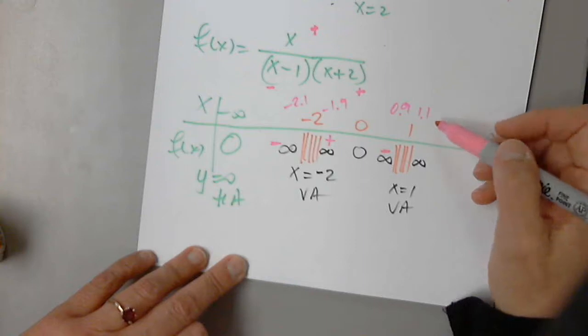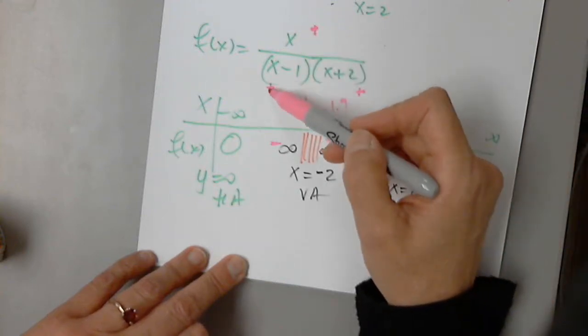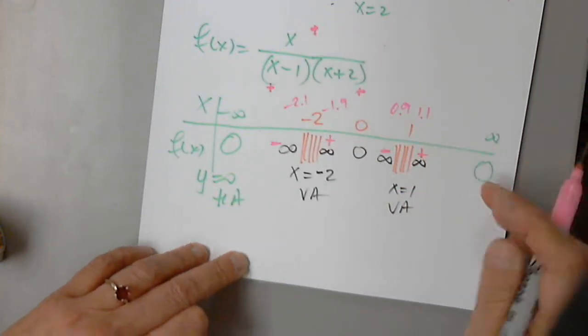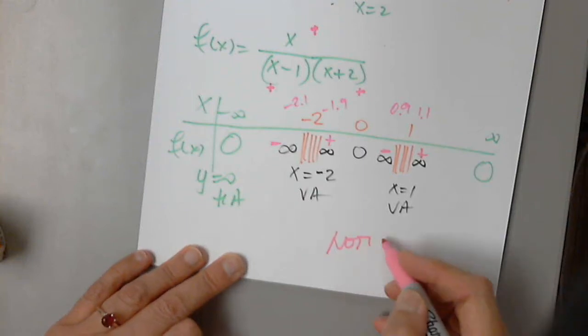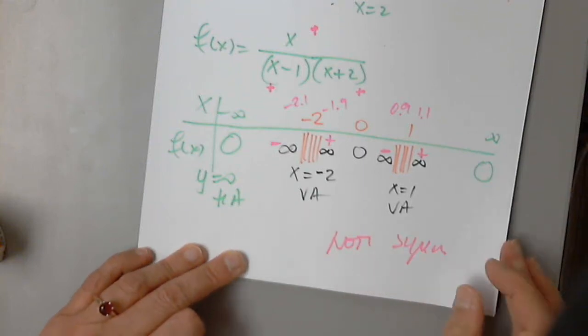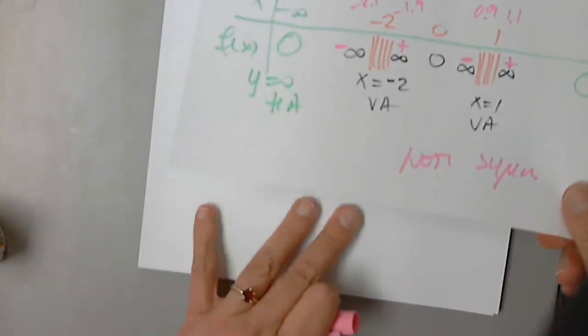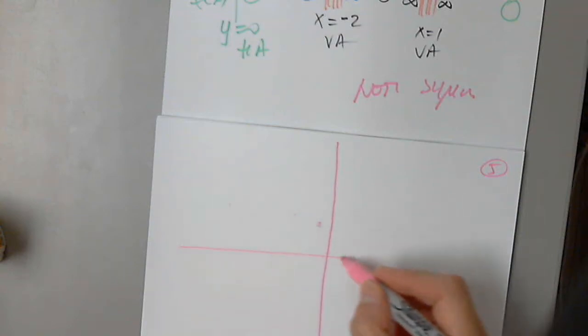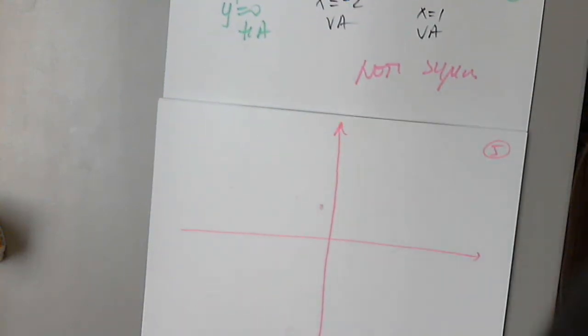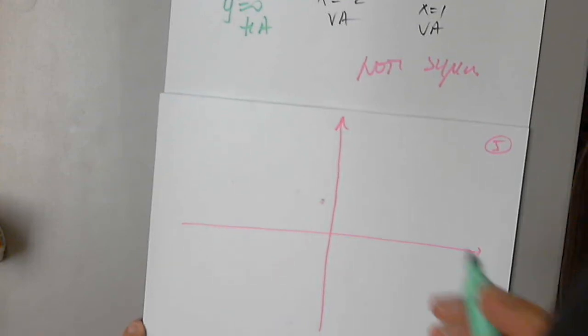Excellent. With 1.1, positive, positive, positive. That's all. Not symmetric. It cannot be symmetric if it has a vertical asymptote at -2 and at 1. I don't want you to spend too much time on these functions. They are very important, but you should have no difficulties with them.